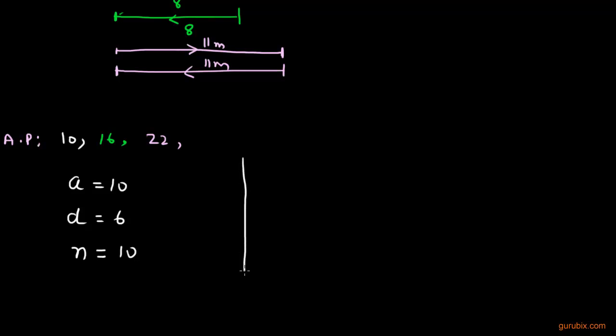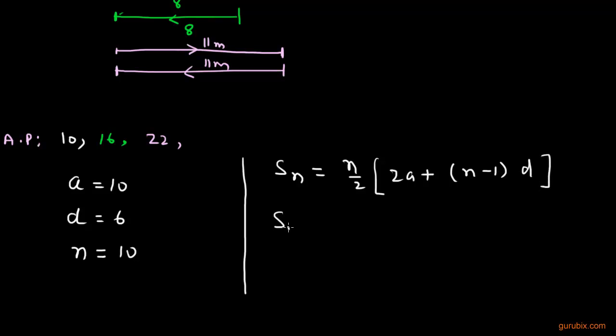We have to find the sum of the first 10 terms by using the formula Sn, and Sn is n over 2 multiplied by 2a plus n minus 1 into d. n is 10, so we can write 10 over 2. 2a is 10, n is 10, and d is 6.